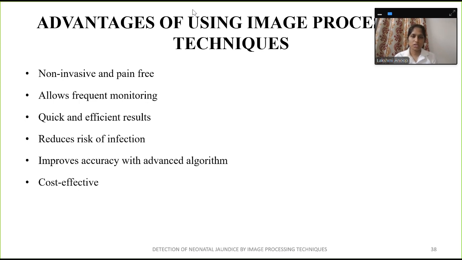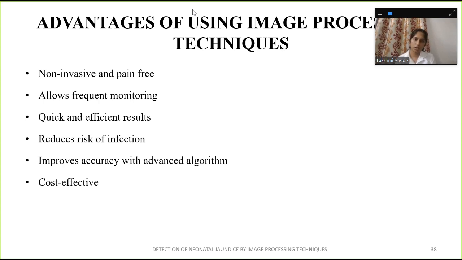Next are the advantages of using the image processing technique for detecting the level of bilirubin. The first advantage is it's non-invasive and pain-free, and it also allows frequent monitoring, and it provides the results very quickly and efficiently.